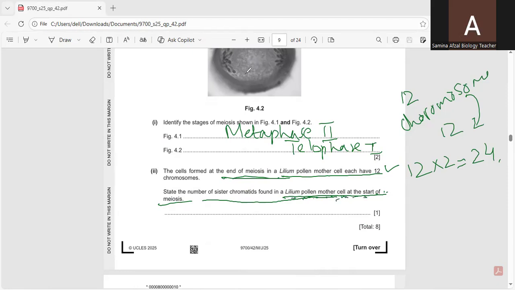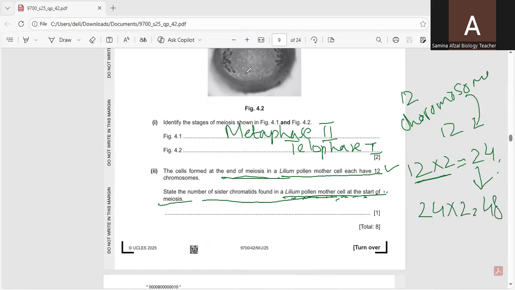At the start of meiosis, it will be 24 into 2, that is 48.